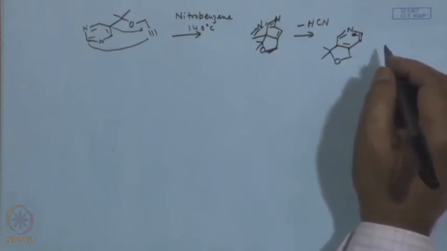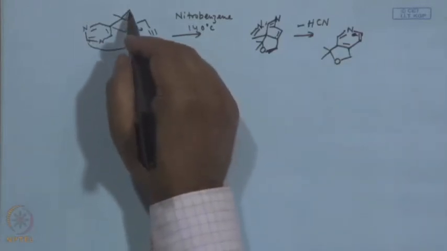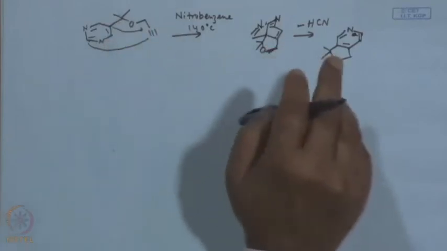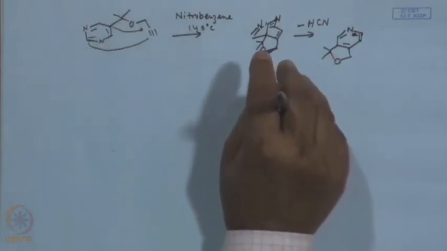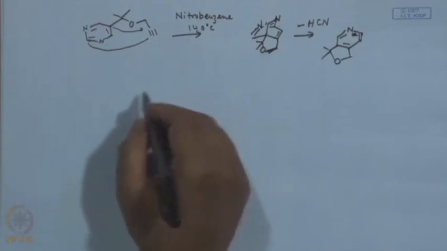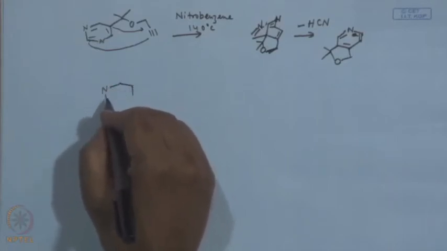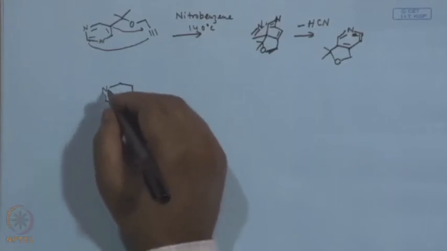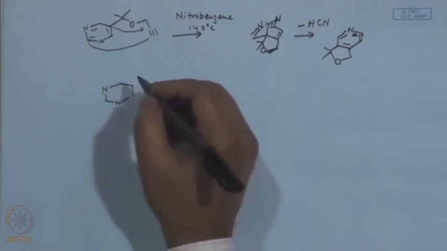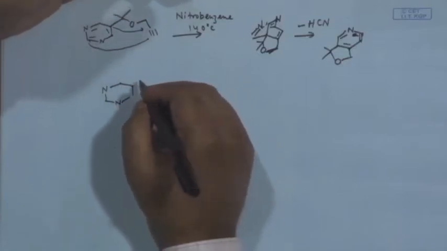Many of you by now know that if the methyl groups are there, the intramolecular reaction is favored because of the Thorpe-Ingold effect. And then very similar reactions have also been tried. Because we have identified this as an inverse electron demand Diels-Alder reaction, if you do not have the methyl group, the reaction either does not take place or is very sluggish.